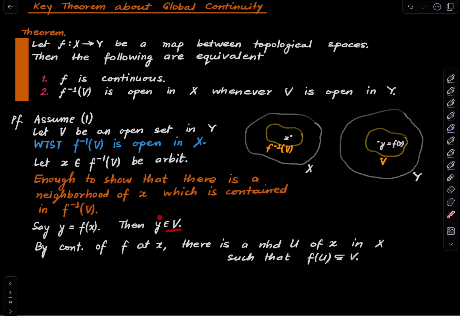V was a neighborhood of f of x, and therefore by continuity we have this. But what does this mean? This is the same as saying that u is contained in f inverse V.